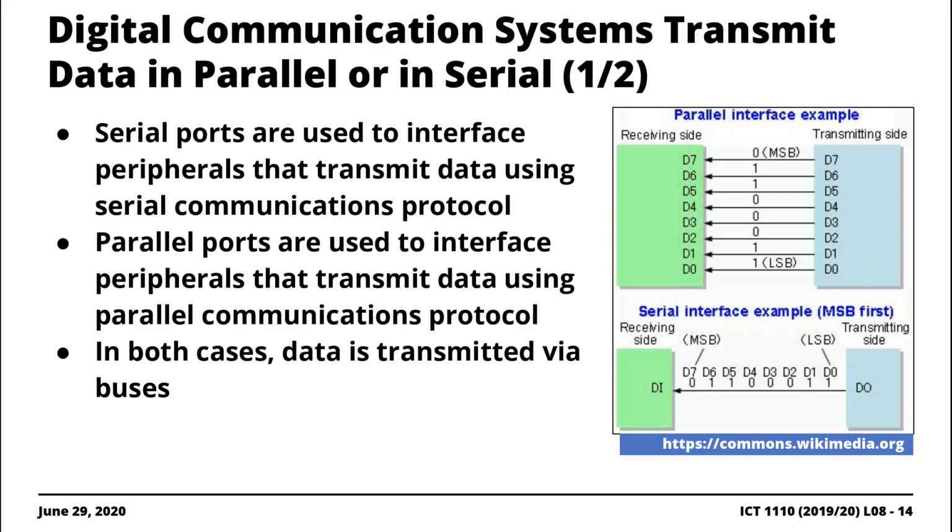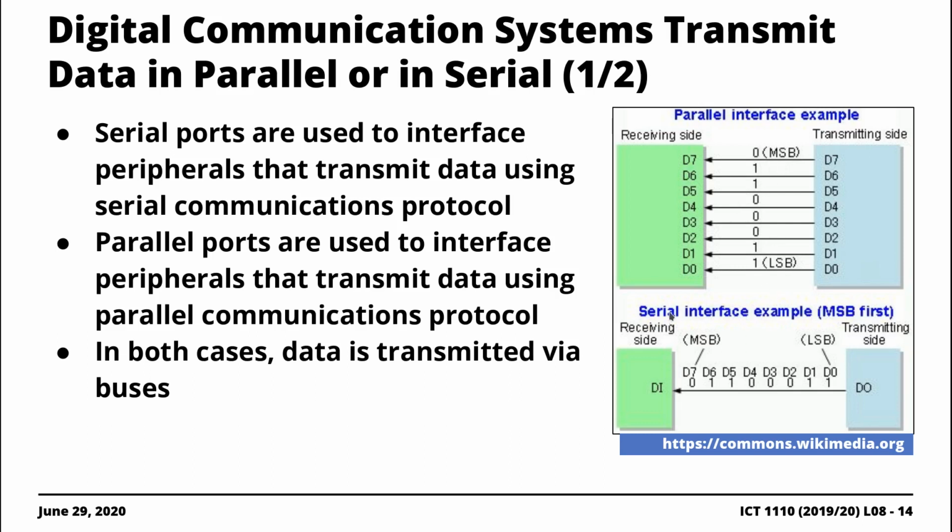In terms of the way that data is being transmitted here, superficially speaking, the best way to understand serial and parallel data communication is to view it from the perspective of how the bits associated with the data get transmitted, in this case from the peripheral to the computer, right? In the case of a parallel port, the data would actually be transmitted simultaneously, right?